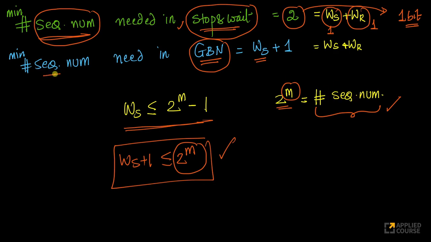So the minimum number of sequence numbers needed in the Go Back N protocol is ws plus 1. Look at the LHS here, ws plus 1.